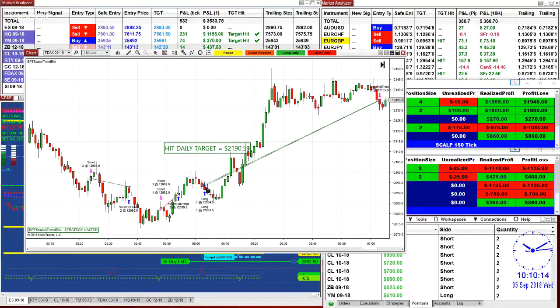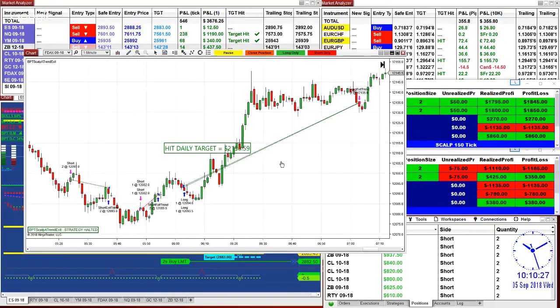So whether you have a daily target of 500 or 1,000 a day, if you catch a trend, it's going to stay on that trend if it is in your favor. So the daily target becomes in a way irrelevant if this market is trending.